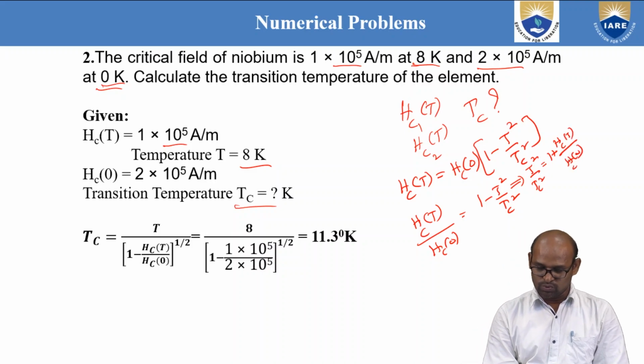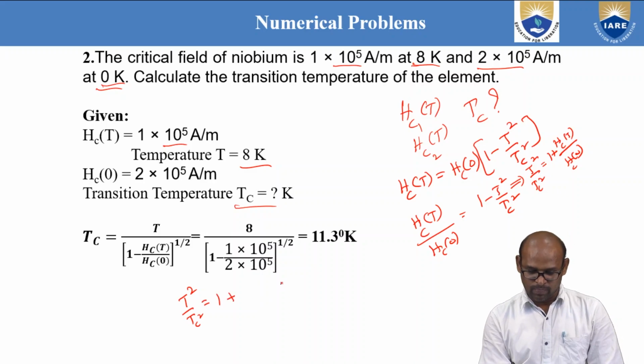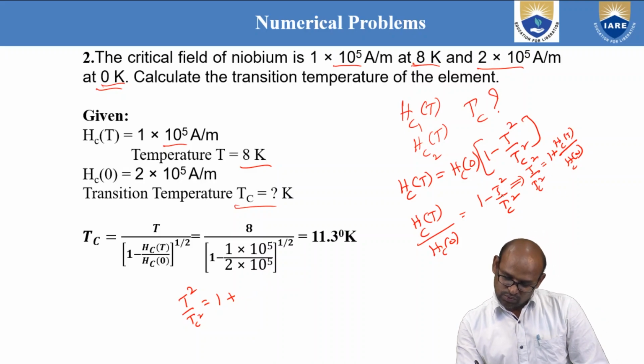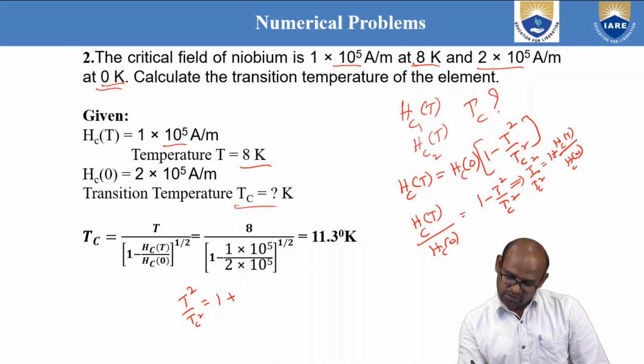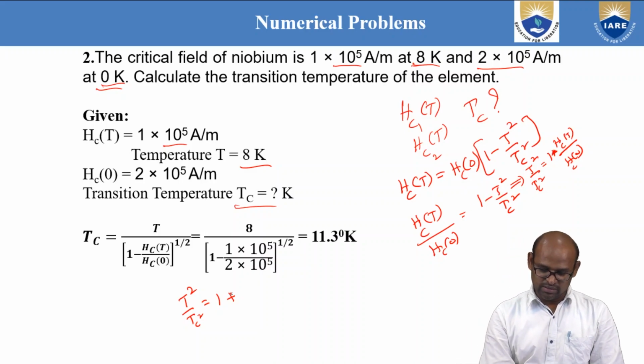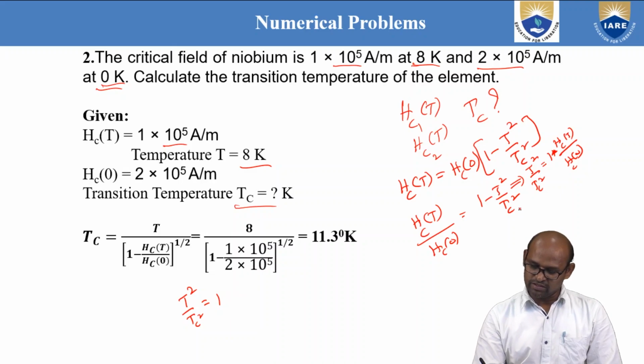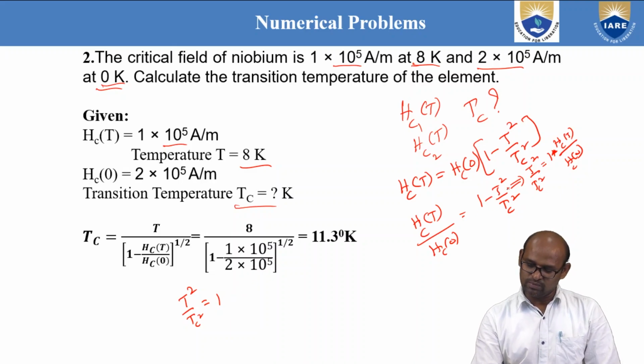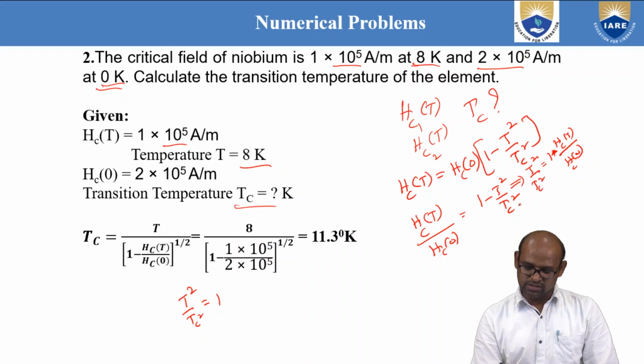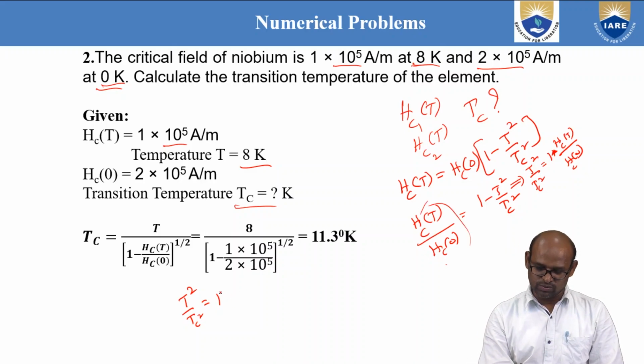So let me rewrite here. T square by Tc square is equal to 1 minus Hc of T divided by Hc of 0. Because in front of T square by Tc square there is a minus sign, and we want a positive value, this term will go to that side, so 1 minus Hc of T divided by Hc of 0.